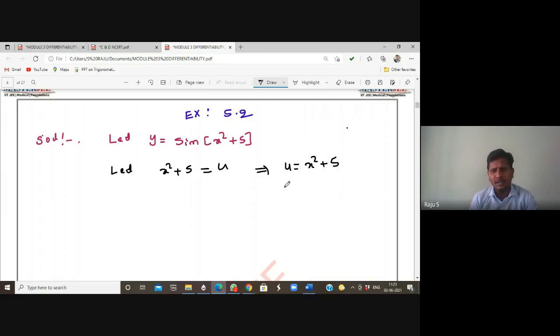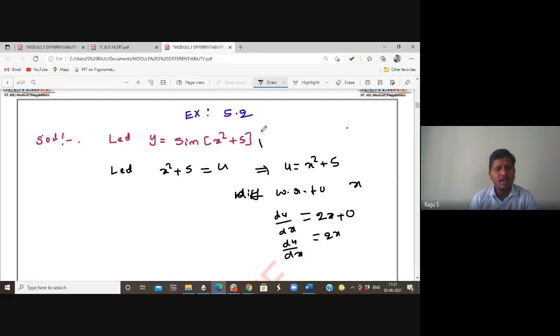Then, if it is possible, it's better to differentiate immediately. Differentiate with respect to x. What about du by dx? The derivative of 5 is 0, so this is clearly 2x. This is du by dx.